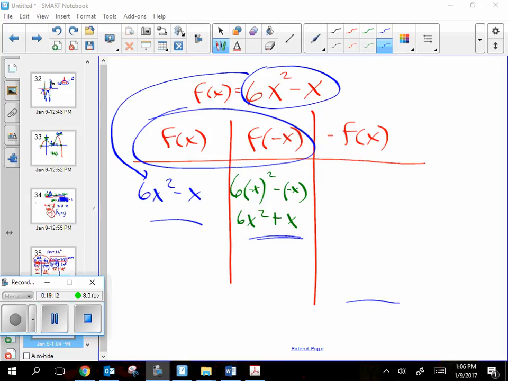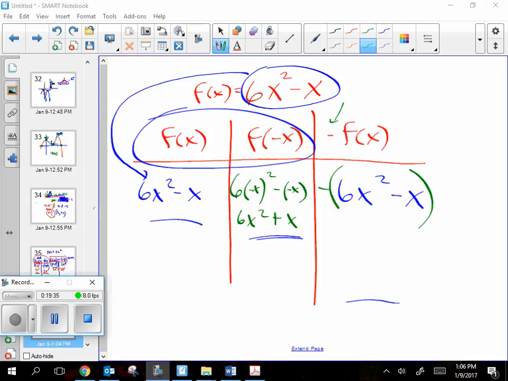Now on the other side, I'm trying to see if this is the same as that. So negative f of x. This one's complicated because you need to put a parenthesis around it. Otherwise, kids will copy it down here, 6x squared minus x, and then they'll say, okay, so I want opposite of that. So I put a negative there. See what I'm saying? And then these parentheses around it. Otherwise, you'll only be taking a negative of the first one.